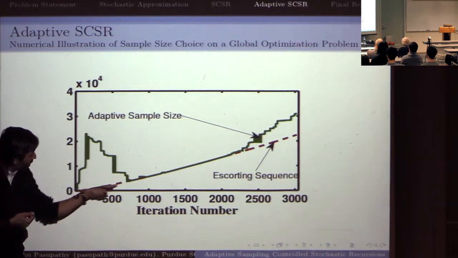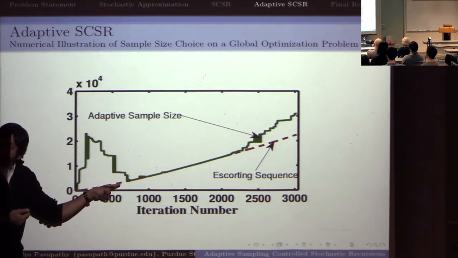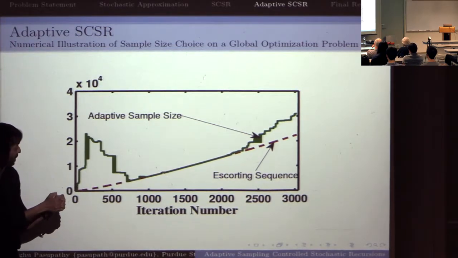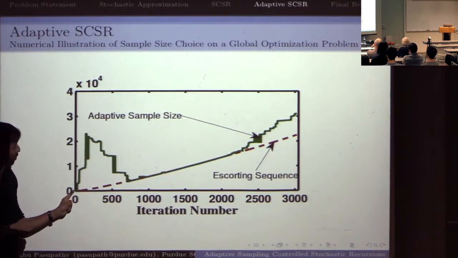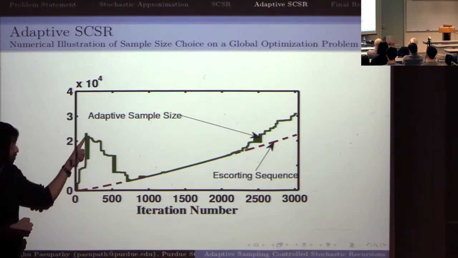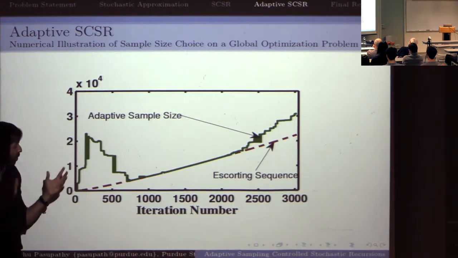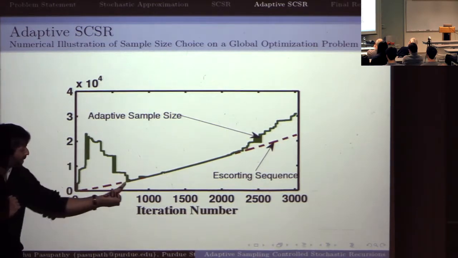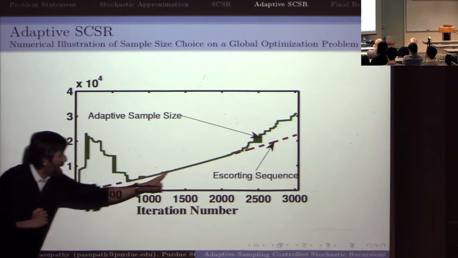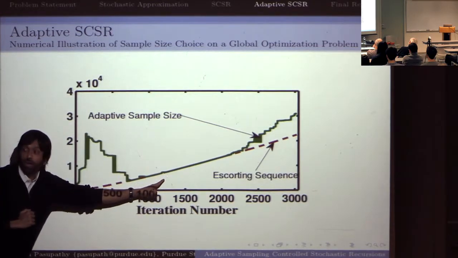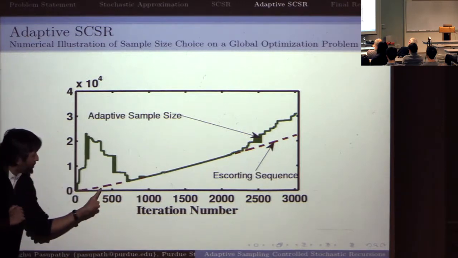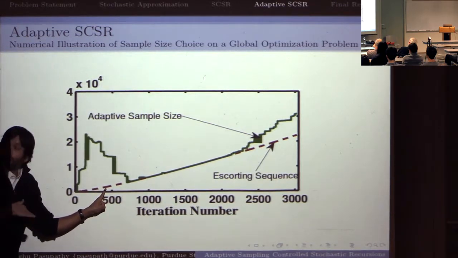The red line right here is the nu k sequence. It escorts you to the vicinity of the root, and as you're getting closer and closer to the root, the sample size actually increases. Okay, and then because we're doing global optimization, it just gets thrown out, and when it gets thrown out, it goes far away. And thereafter, until it reaches the vicinity of another root, potentially, it is being governed by the nu k sequence, which is the lower bound.